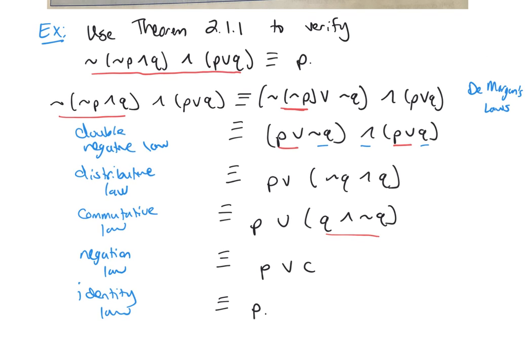We got what we wanted on the right-hand side. So another way to show that two statement forms are logically equivalent is using these rules in this table. So you can either show that they're logically equivalent through the truth table or through these rules.